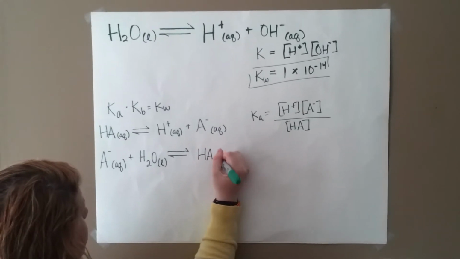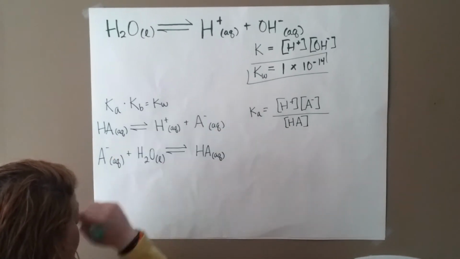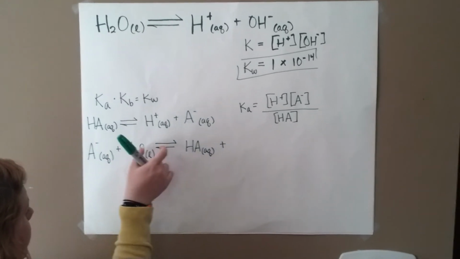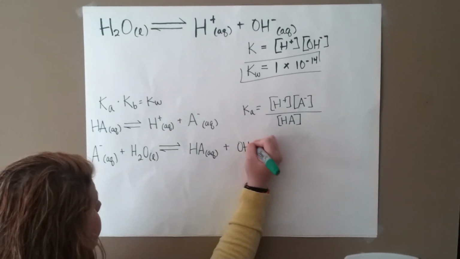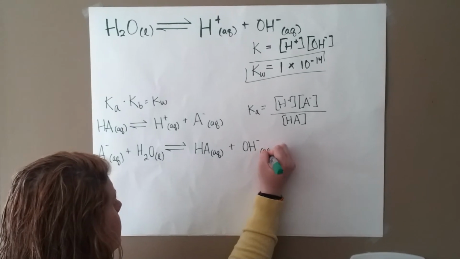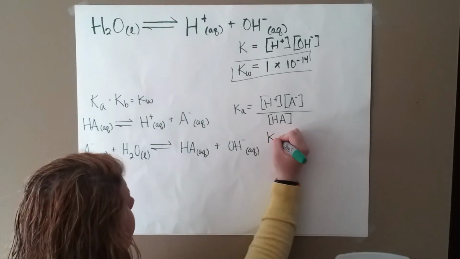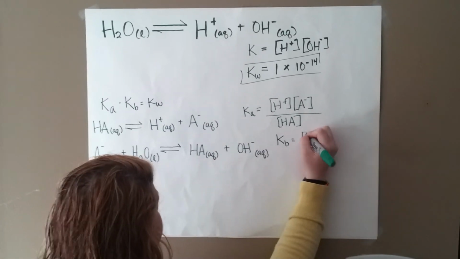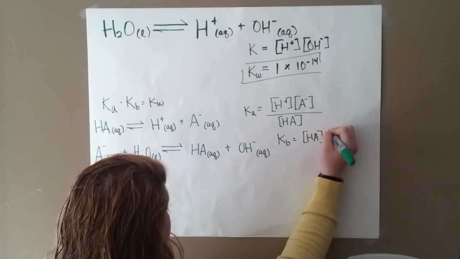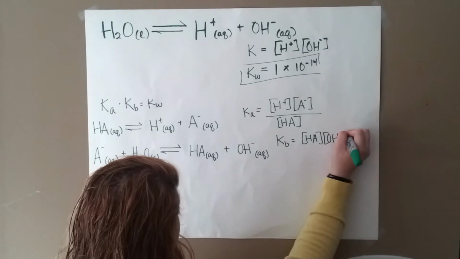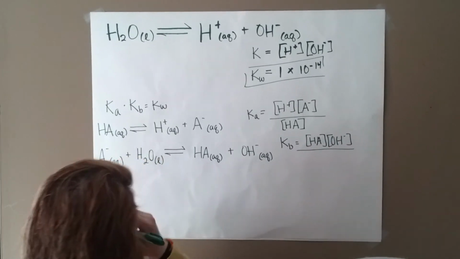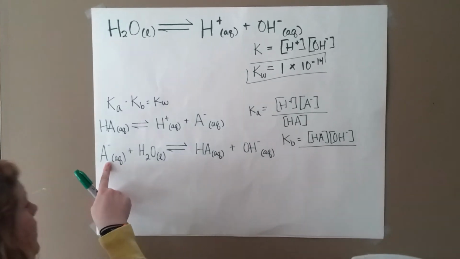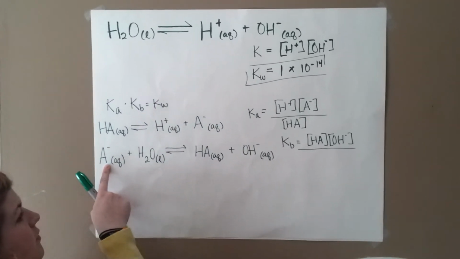So you have HA in the aqueous phase, which is your general acid, and then the OH- by itself is just going to be an ion. If we write this expression, it's something you're also familiar with: the concentration of HA times the concentration of OH-, all over, again, water is a pure liquid so we don't include it, so we only have the one A- aqueous.